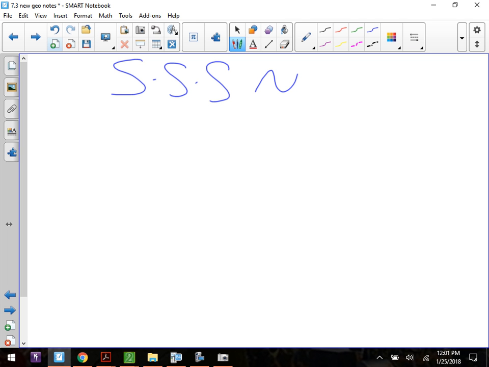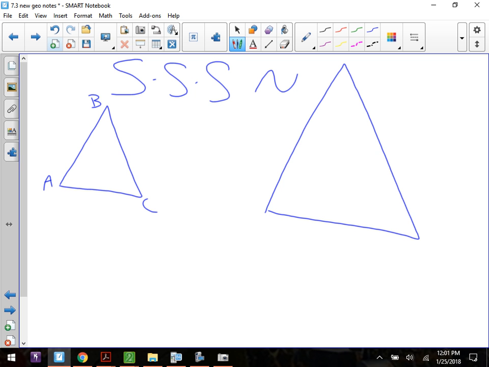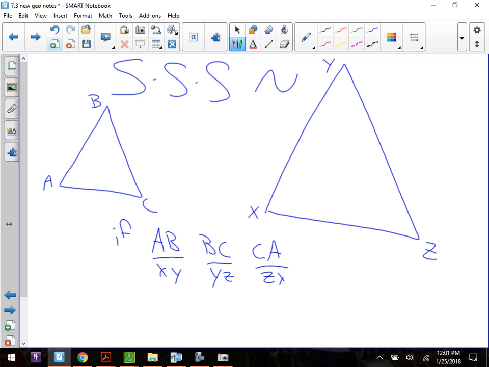In order for it to work with this whole side-side-side thing, if all three sides, AB, BC, CA, if the three sides have the same ratios, then they're similar.